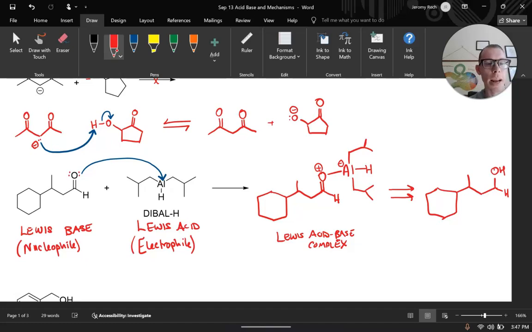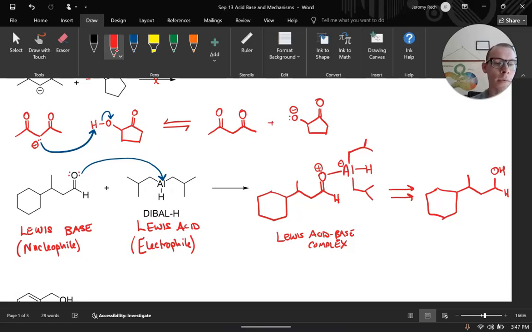So going from an aldehyde down to an alcohol is known as a reduction, and Dibal is a really good reducing agent. It's not the greatest. Lithium aluminum hydride and sodium borohydride are better, but it's a good reducing agent nonetheless. So you can take an aldehyde down to an alcohol using this, and this starts by a Lewis acid-base step where the lone pair on this oxygen comes and attacks the sp2 hybridized aluminum of Dibal.